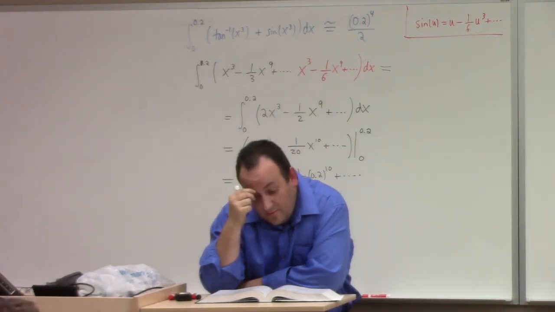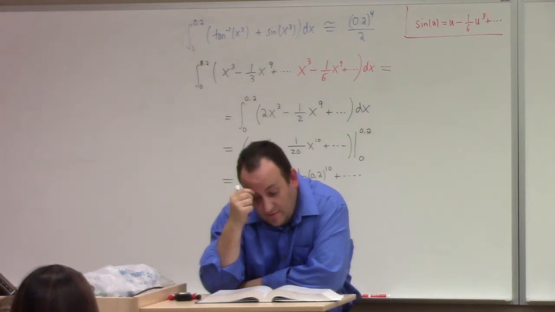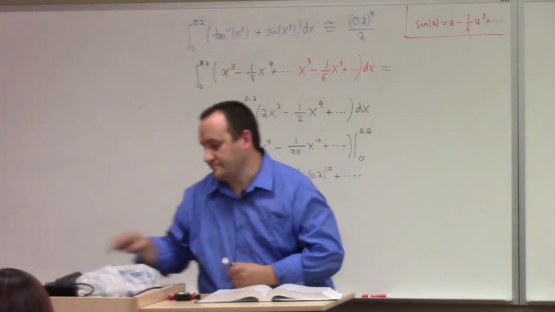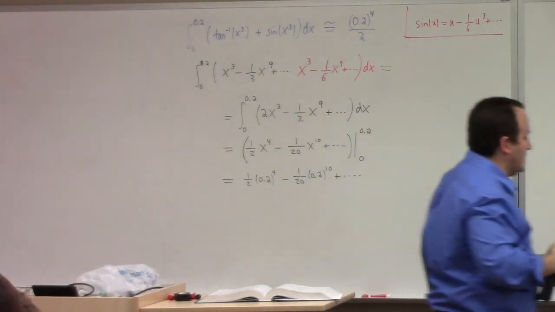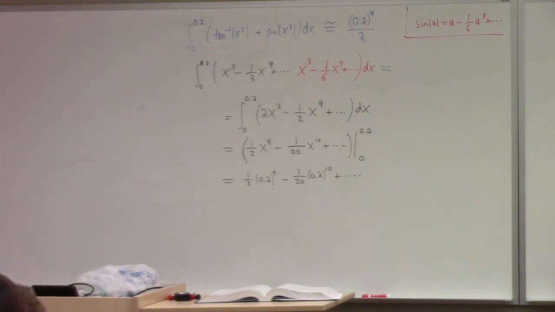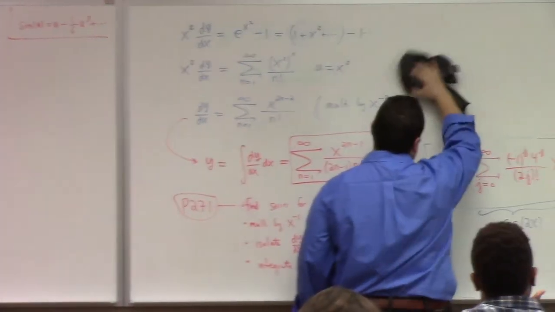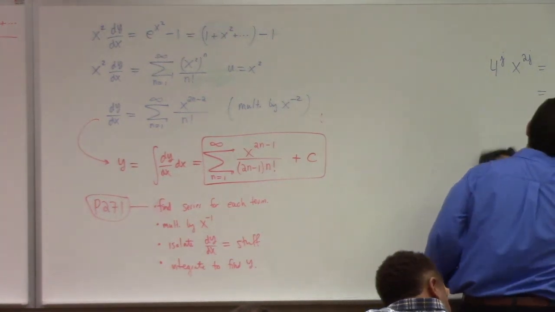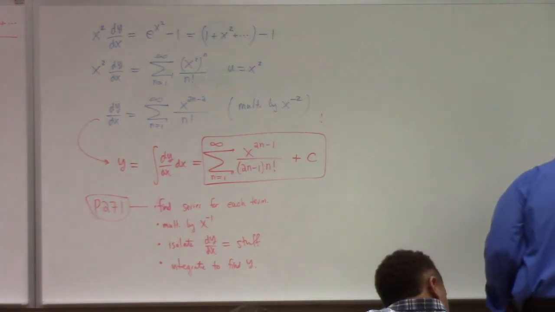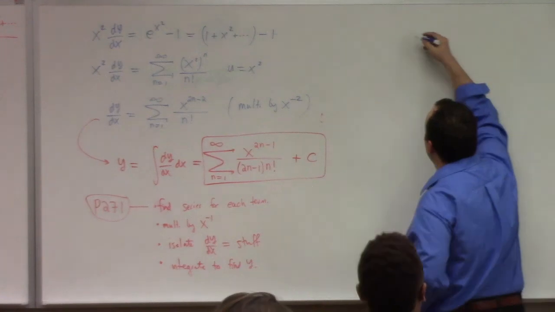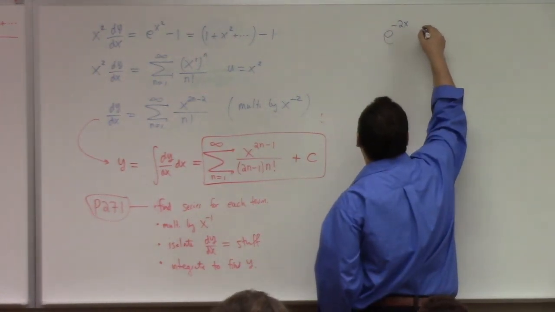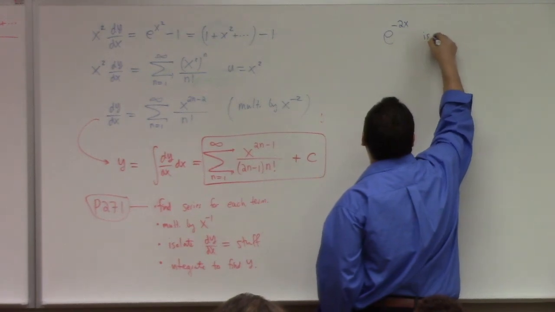So here we're supposed to prove that the Maclaurin series for the function converges to the function for all x, and we're looking at e to the minus 2x. So this problem asks us to show that e to the minus 2x is analytic.